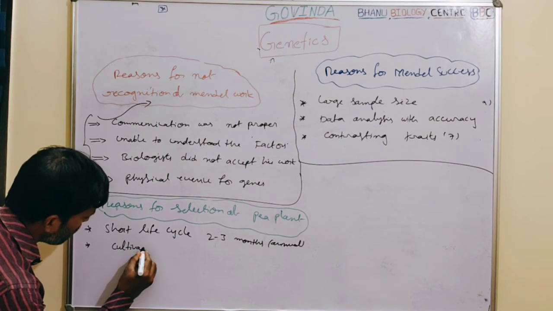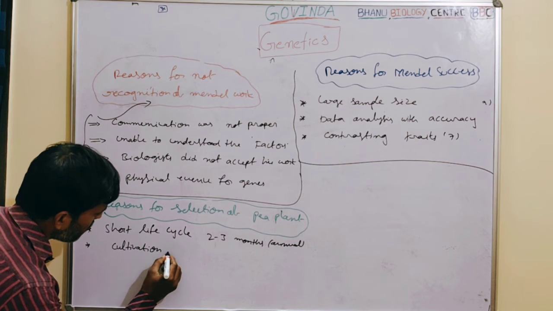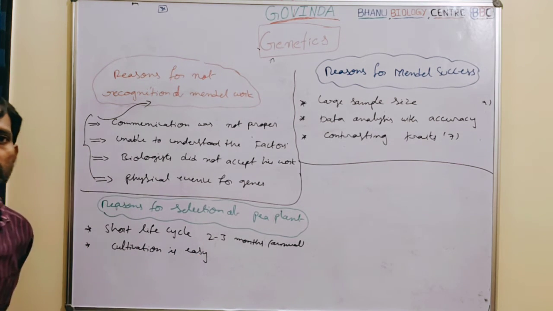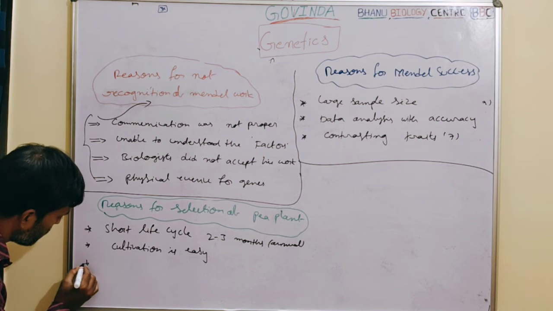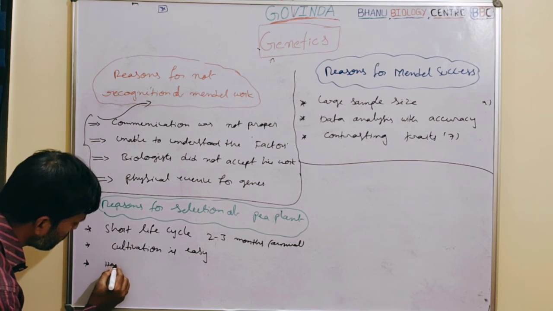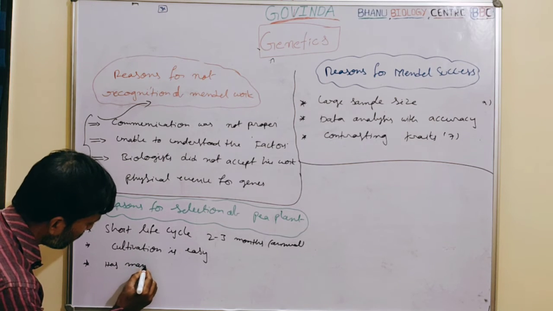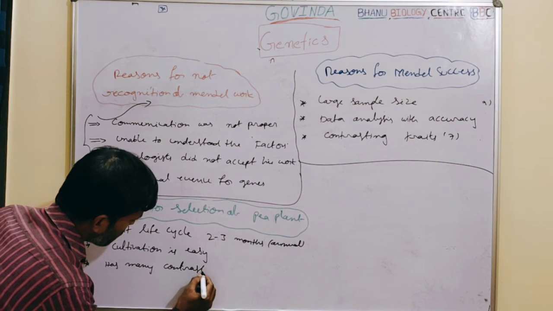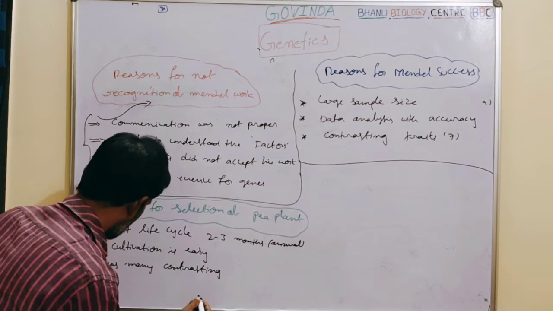Another reason is cultivation. Cultivation of the pea plant is easy. Another reason is this plant has many contrasting characters. It is very important to note down.